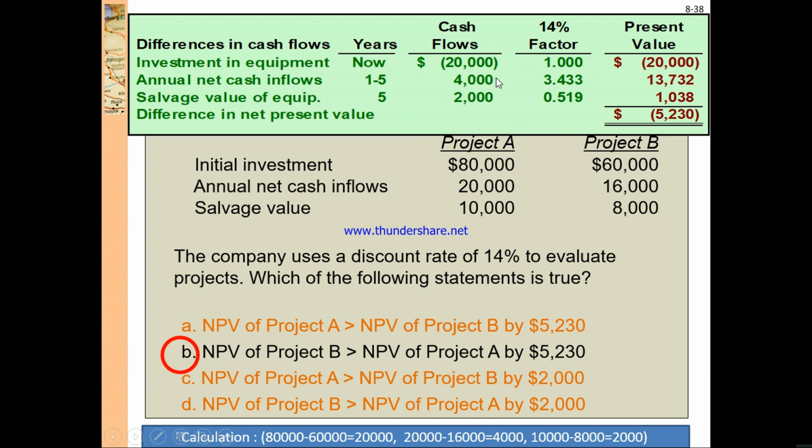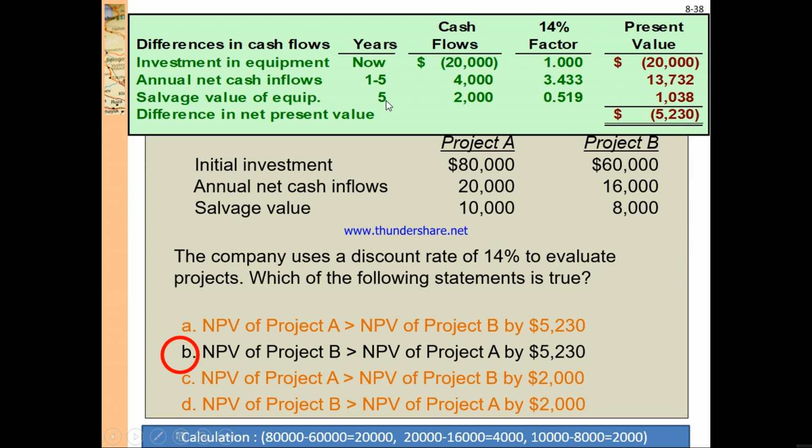So 4,000 at the end of 5 years at 14%. The cumulative present value factor at 14% will be 3.433. So $13,732. Salvage value means cash inflow. Am I right?